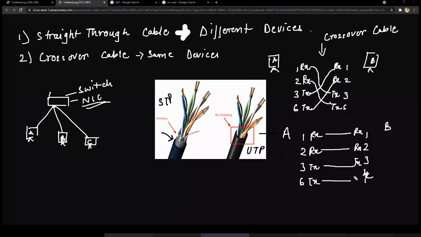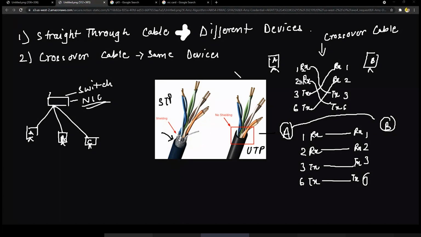Similarly, pin 6 will get connected to the transmitting pin of PC B. So to avoid this, and to make the data transmission possible from PC A to PC B, a crossover cable is used. More specifically, crossover cable is used so that pin 1 can get connected to 3, and if PC B transmits something, A can receive that at pin 1.